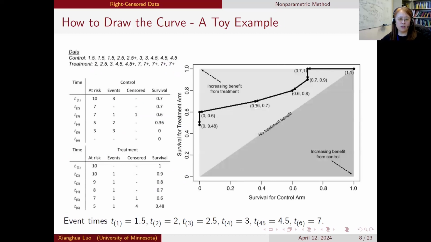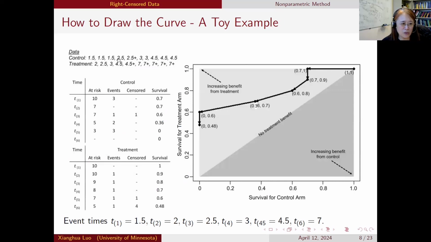So how to draw the curve in this one by one space? Okay, we start from the upper right corner, the 1, 1 point. So suppose we have this toy data. I forgot whether this data was taken from a textbook or just made up by Sandra, but it's a very small data set.